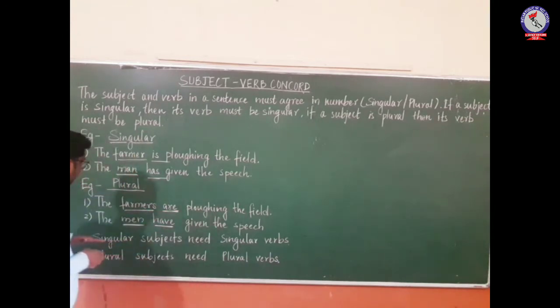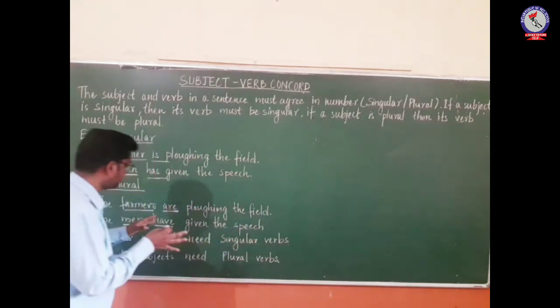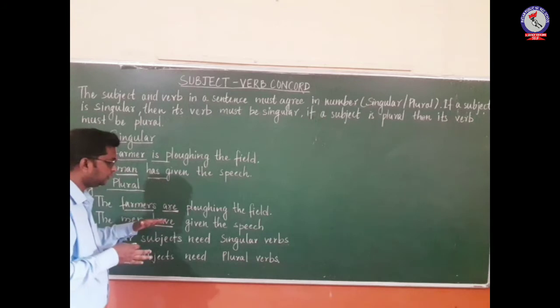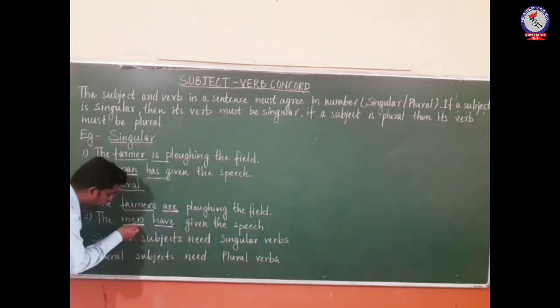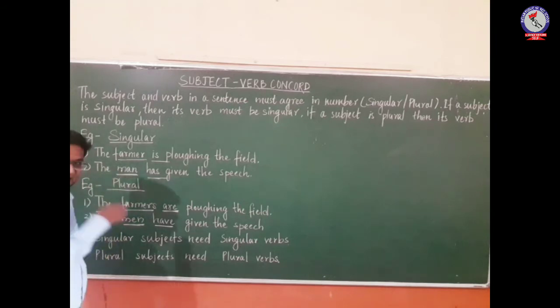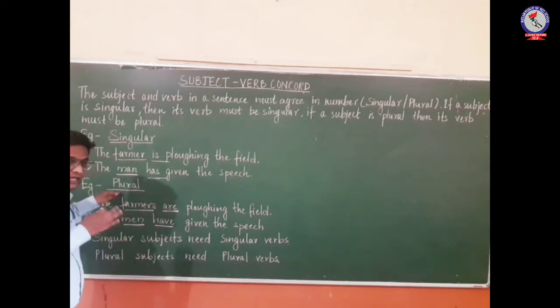See another example. The men have given the speech. Try to understand. The men have given the speech. See here, the men, who are the subject of this sentence, are more than one, so it is plural. It shows us plural.